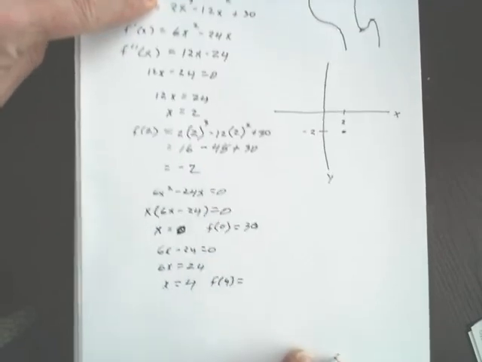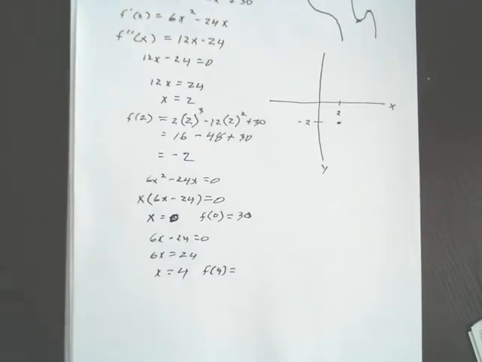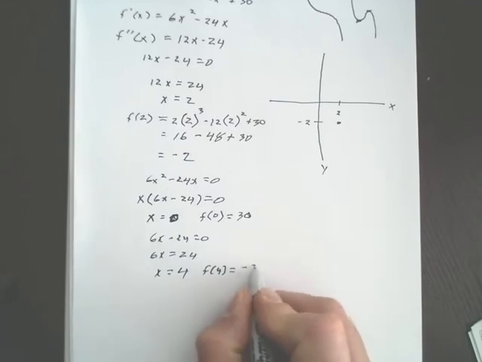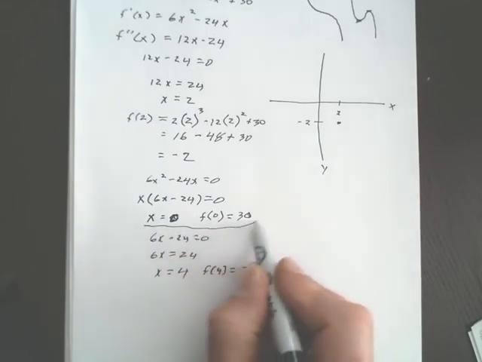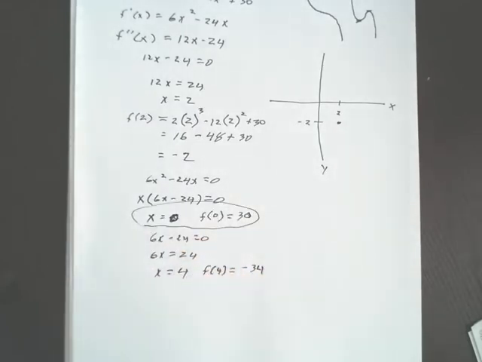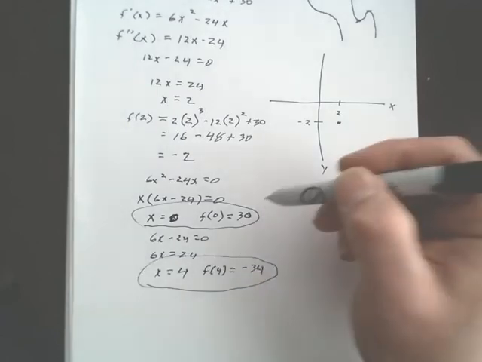Well, we're going to plug that 4 back into the original function. And for this, I'm going to use my calculator. So I get 2 times 4 cubed minus 12 times 4 squared plus 30. And that gives me negative 34. Okay? So those are the coordinates for one of our maxes or mins. That's the coordinate for the other.